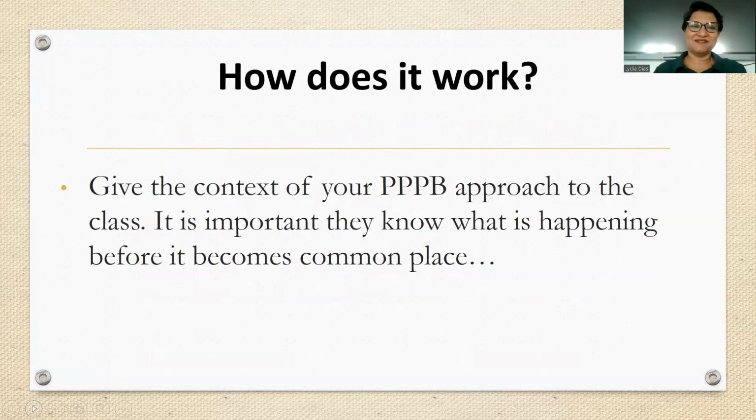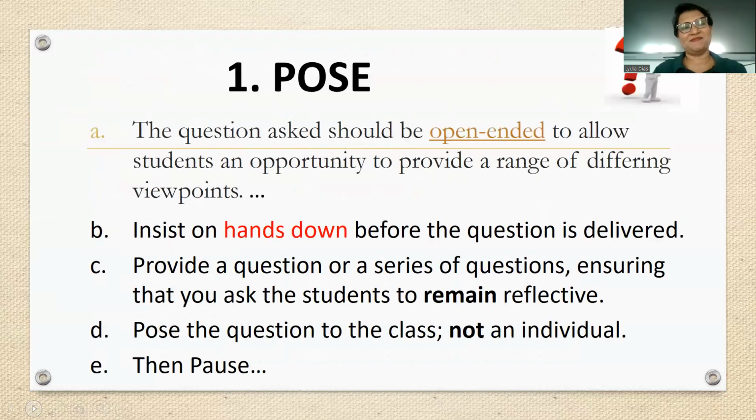How does it work? Give the context of your 3 P's and 1 B approach to the class. It is important that they know what's happening before it becomes commonplace. So let's explore more. Pose the question. The question asked should be open-ended to allow students an opportunity to provide a range of differing viewpoints.